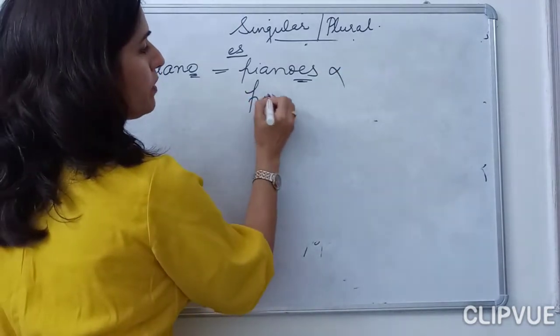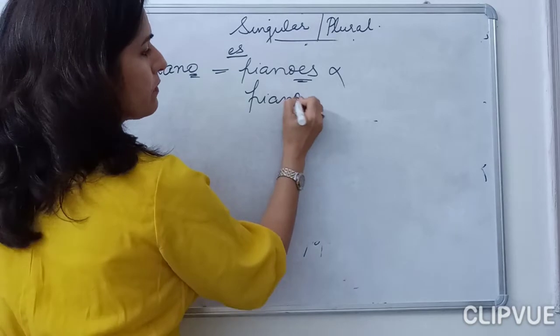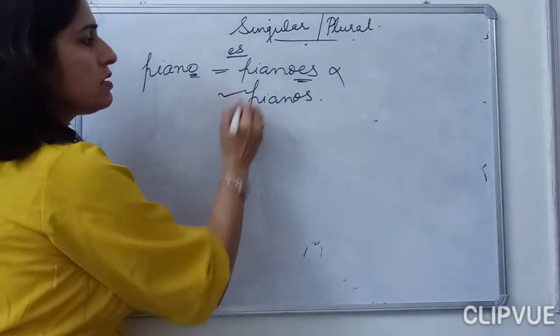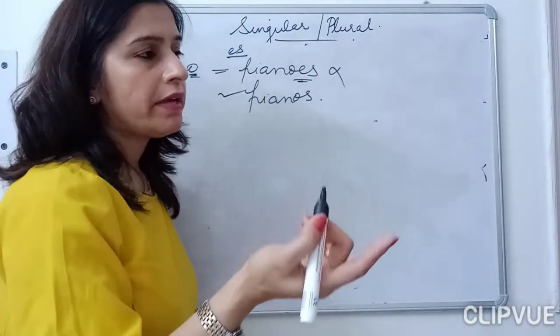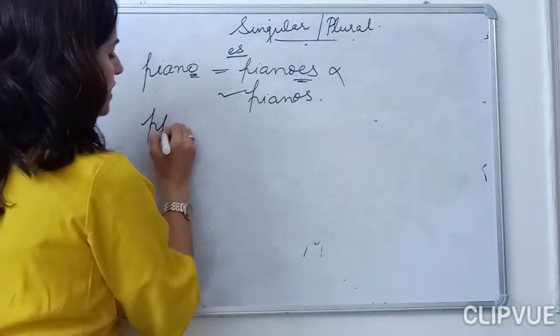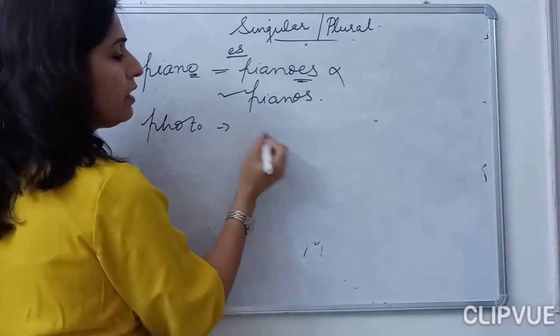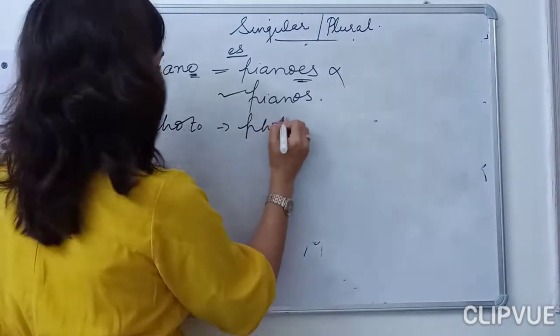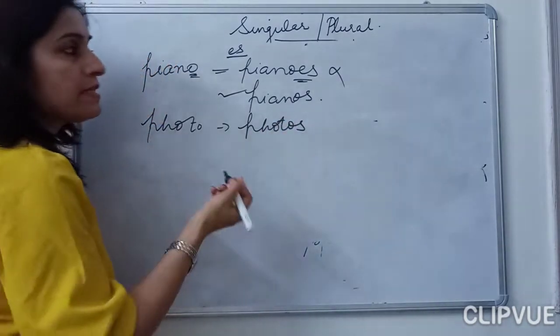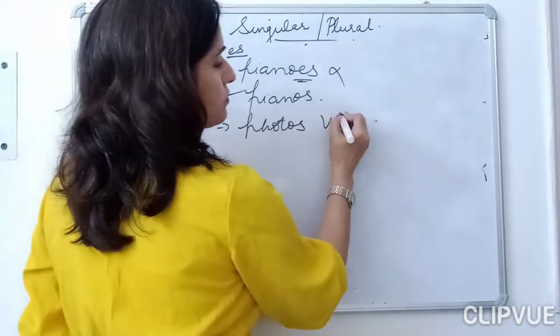The spelling of piano is pianos. So this is the correct spelling. Same, you can take more examples like photo. We don't add ES. So how do we write the spelling? That is photos.